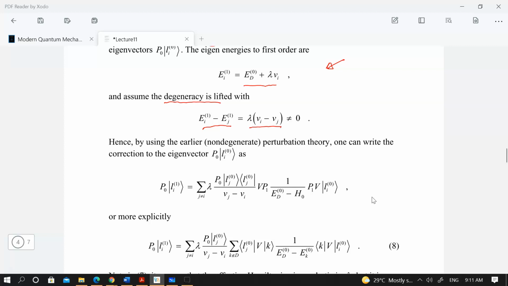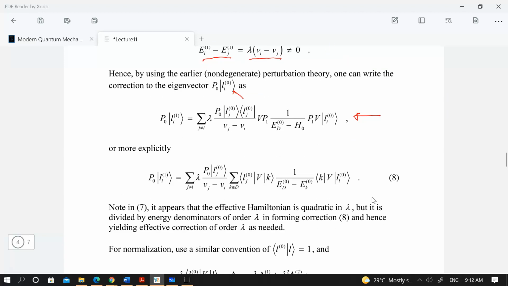So now one can actually write down the correction to the states in the degenerate subspace, which is going to be corrected by this first order term involving this. Okay. So now we can put in your projection operators. So you have your P1.